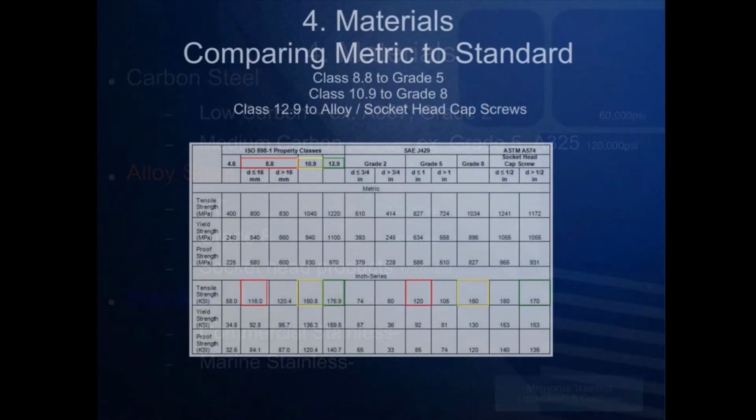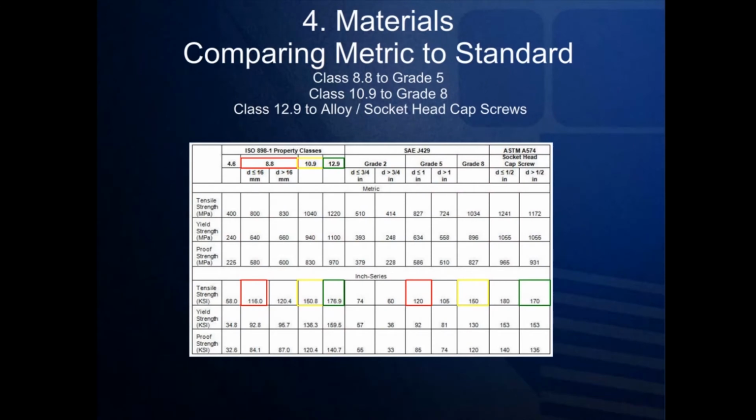The metric world refers to the different types of grades as classes. Therefore, let's compare the mechanical strengths of the most common metric classes to those of the common inch grades. The top half of this chart lists the tensile strength, yield strength, and the proof strength in megapascals, whereas the bottom is in psi. Let's look at the bottom, which is converted to KSI, which is thousands of psi.